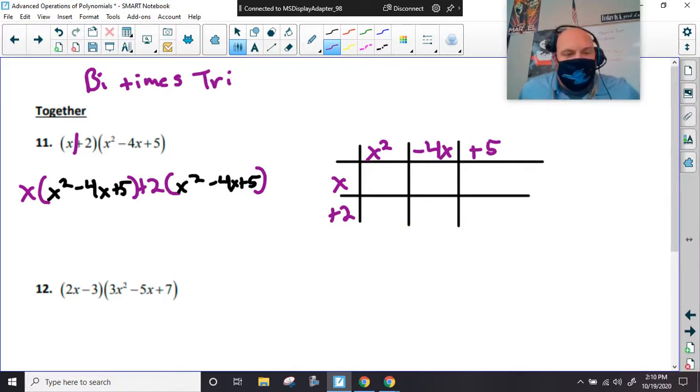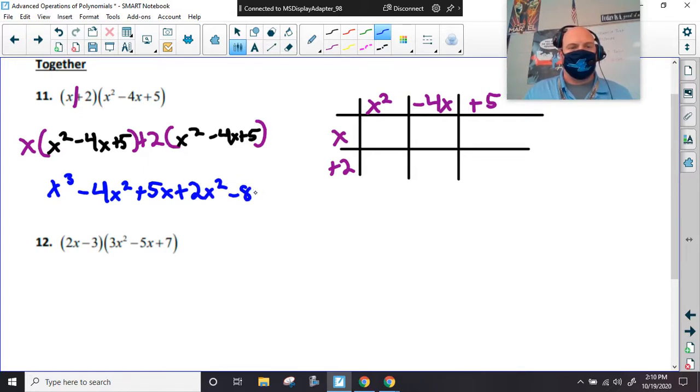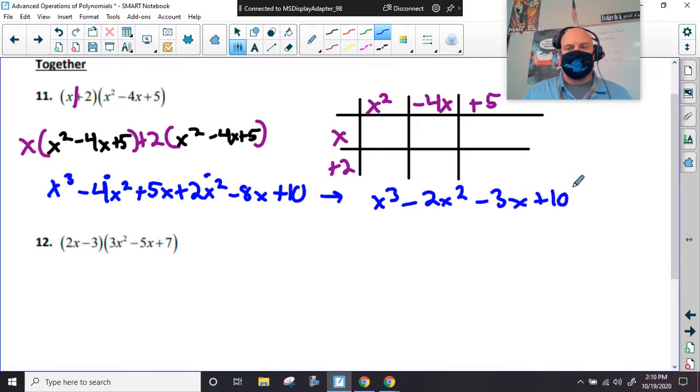Okay. And it's just how you operate. So there's no other x cubes. Squared minus 3x plus 10.